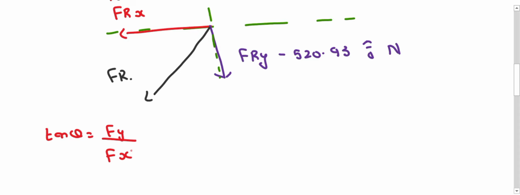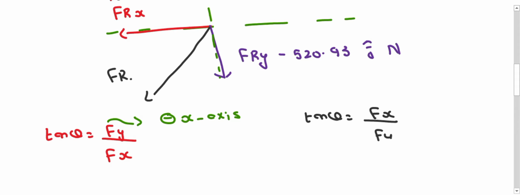By the help of this formula we can calculate the angle measured from the x-axis, whether positive or negative, but in this case it is the negative x-axis. Similarly, the formula for the angle measured from the y-axis, whether positive or negative, is tangent theta equal to Fx upon Fy. In this case, this is the negative y-axis.